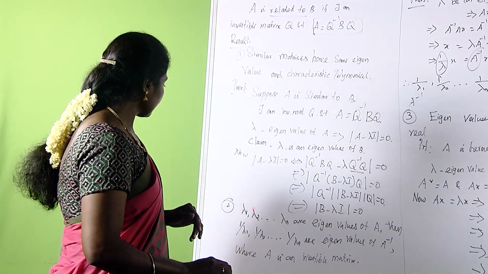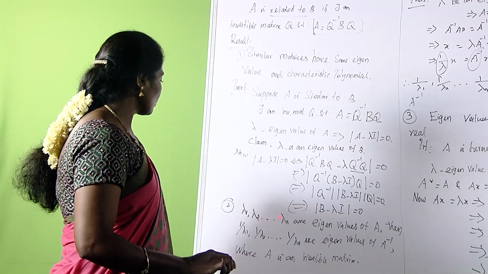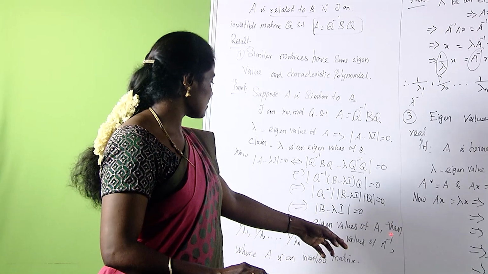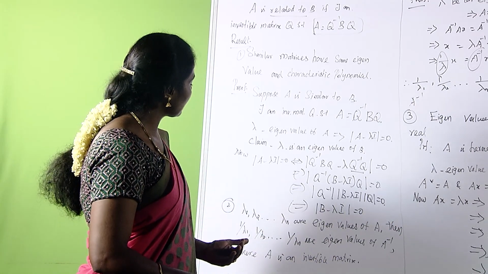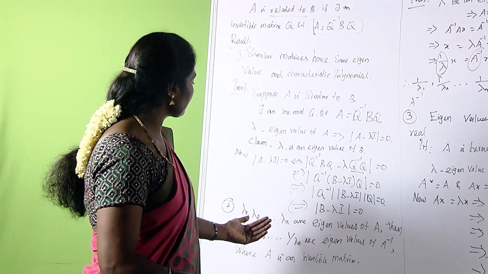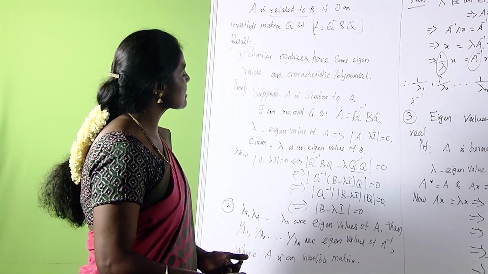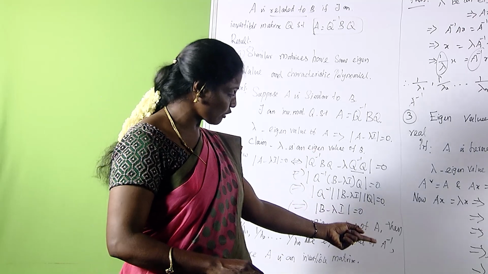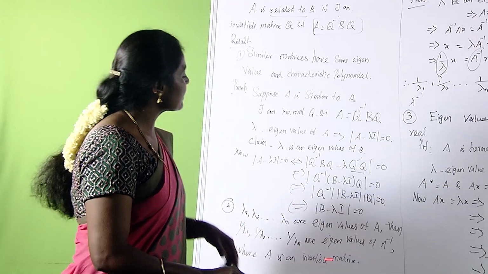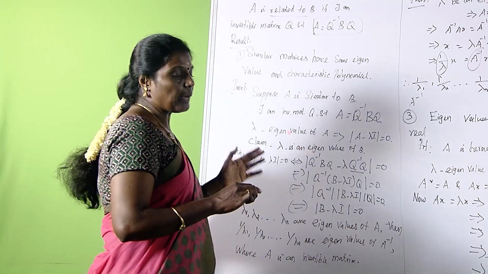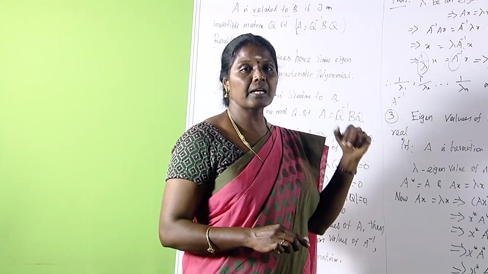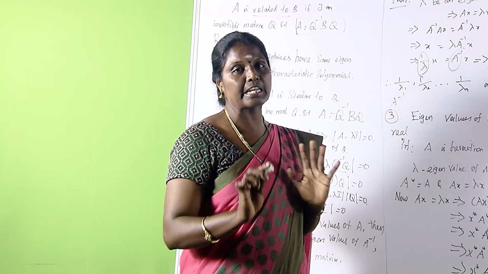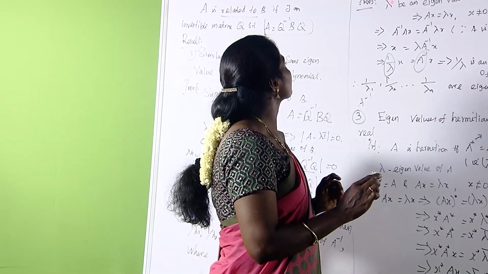Now, another result: if lambda 1, lambda 2, up to lambda n are the finite eigenvalues of A, then their reciprocals 1 by lambda 1, 1 by lambda 2 and 1 by lambda n are eigenvalues of 1 by A, that is nothing but A inverse. So, here A is an invertible matrix. So, lambda i are the eigenvalues of A, and we are going to show that lambda i inverse are eigenvalues of A inverse. Let us see the proof.